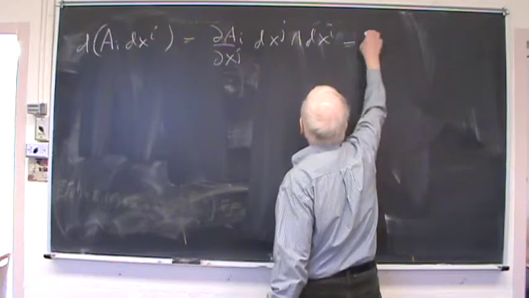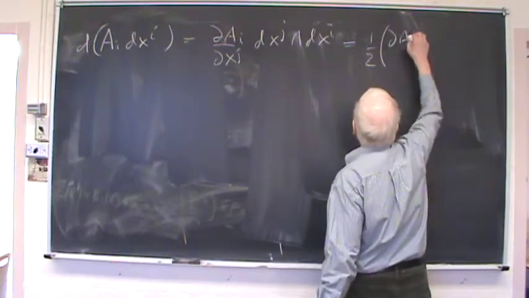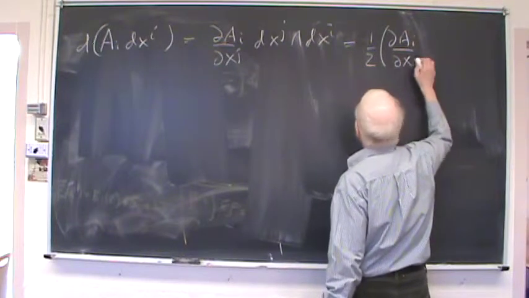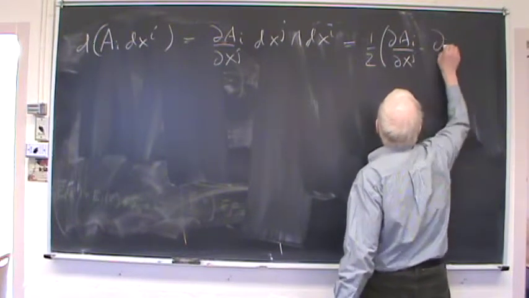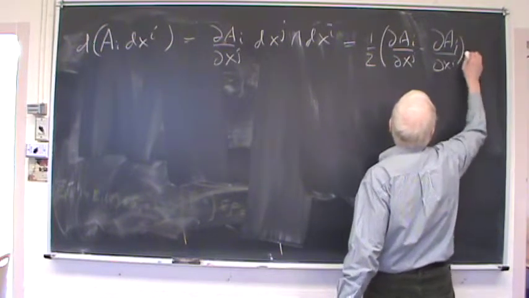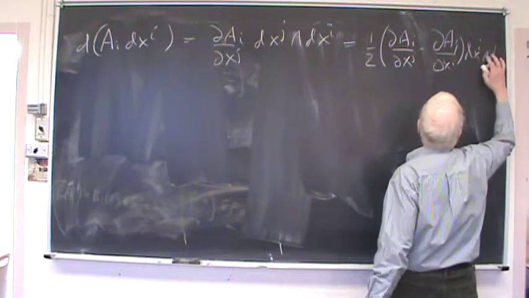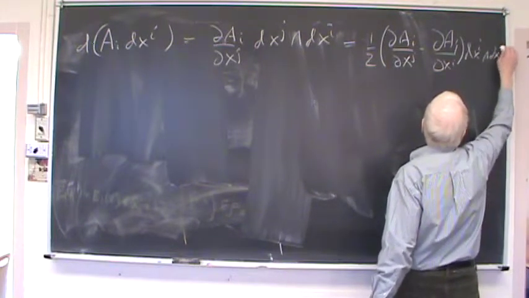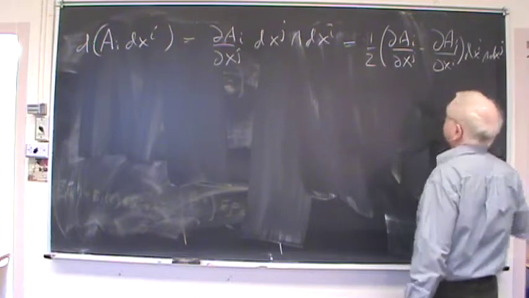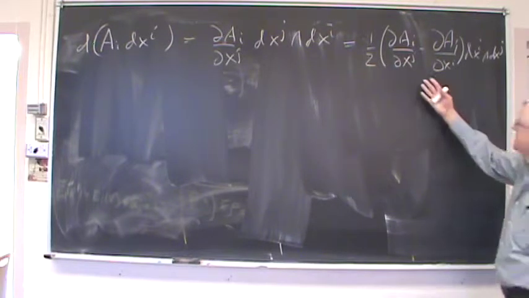So we can say this is 1/2 (partial A_i / partial x^j minus partial A_j / partial x^i) dx^i wedge dx^j. And, well, what's this? This is F_mu nu.